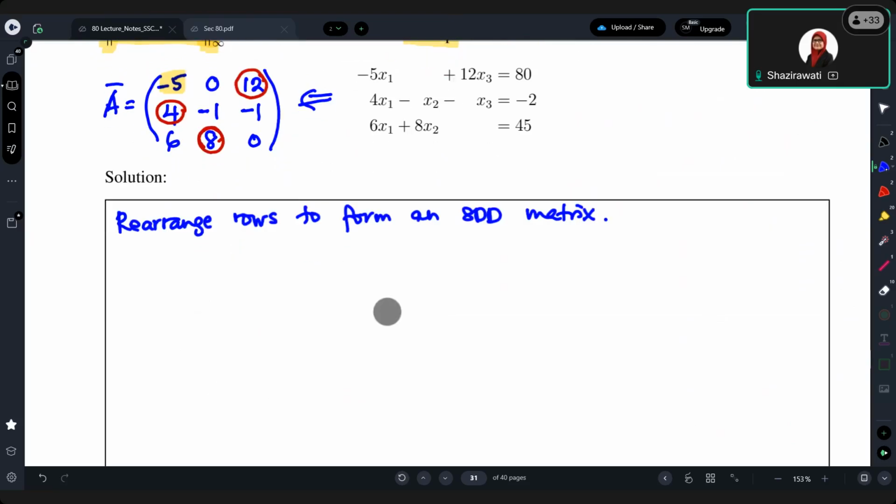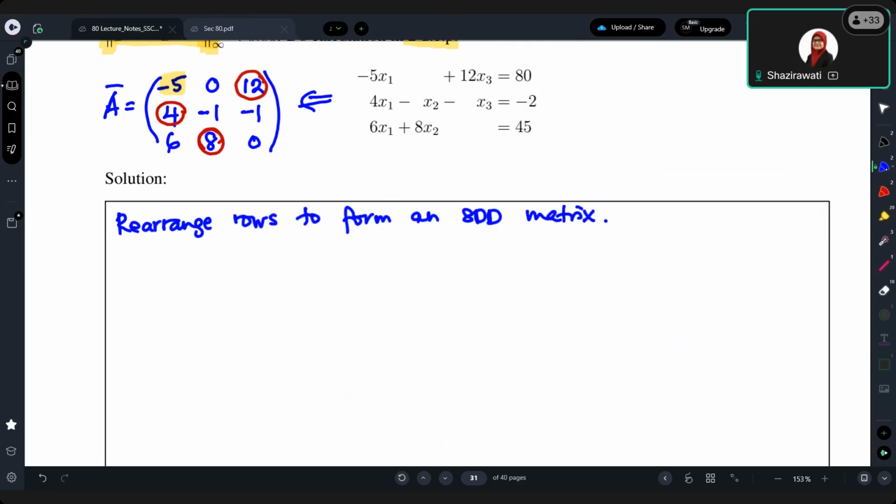Okay, so you punya A sekarang adalah, ataupun kalau kita tulis in terms of equation, kita ada 4x1 minus x2 minus x3 equals -2. So yang kedua sepatutnya yang 8 tu lah.